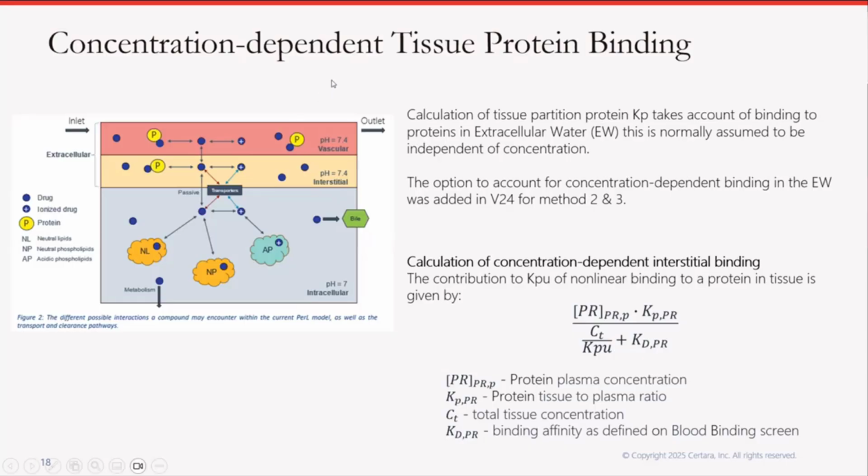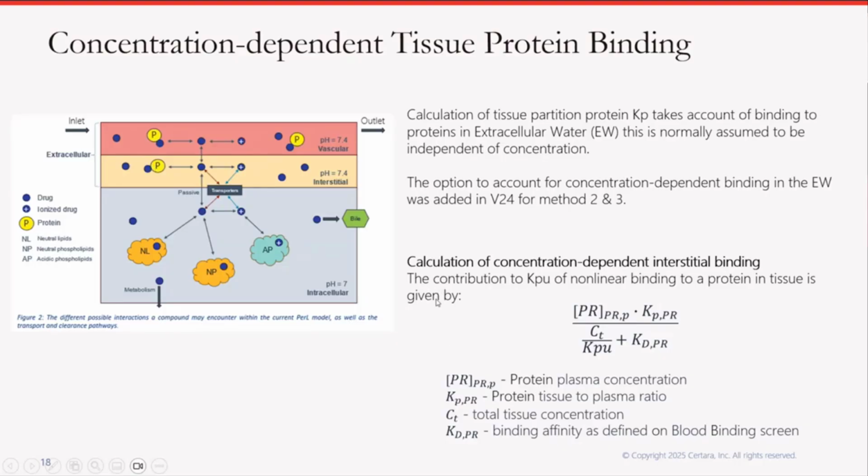has always taken account of the protein binding in the interstitial space, but normally that's assumed to be independent of concentration. So the new option, shown there on the distribution screen, is selecting concentration dependent interstitial binding. It's only available for methods 2 and 3, and then you also take account of the concentration dependence in the interstitial space as well.